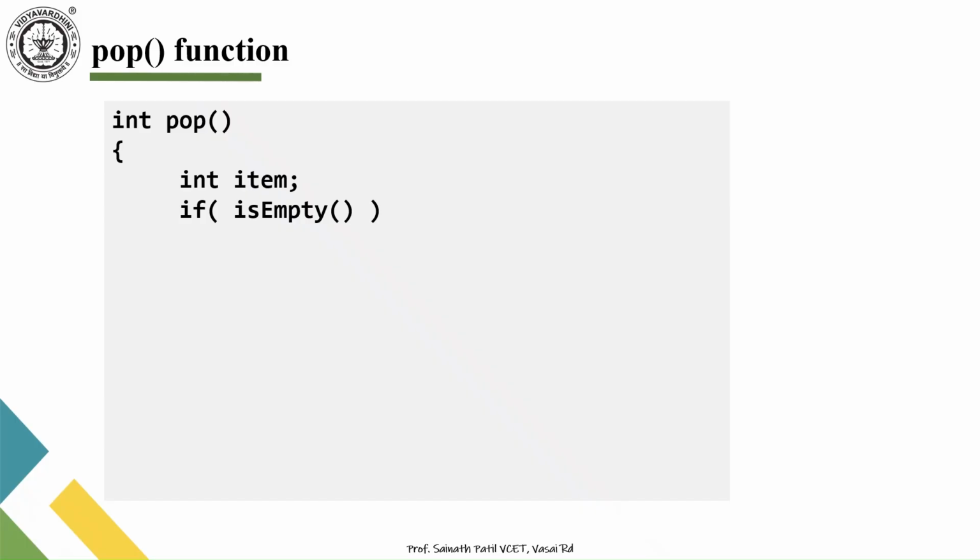Pop function in C can be written as int pop, because we are returning data to the main program. Int item. The is empty function we have written checks whether the stack is empty or not. If it is empty, we write stack underflow or stack is empty and exit.